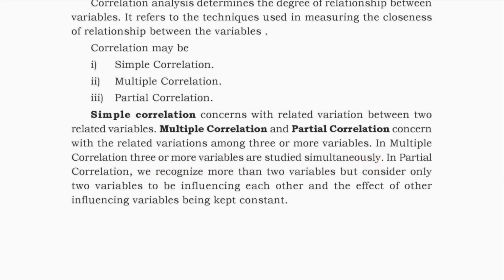In partial correlation, we recognize more than two variables but consider only two variables to be influencing each other, and the effect of other influencing variables is kept constant.